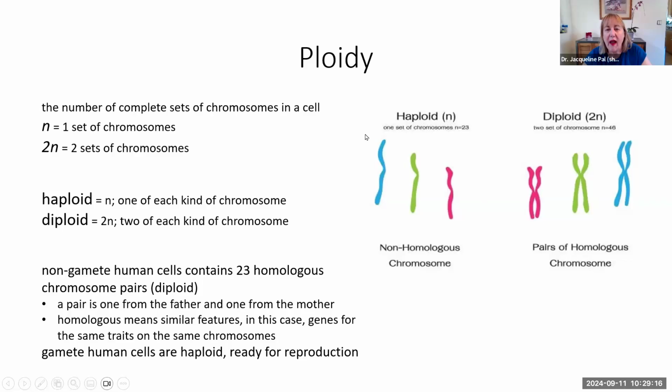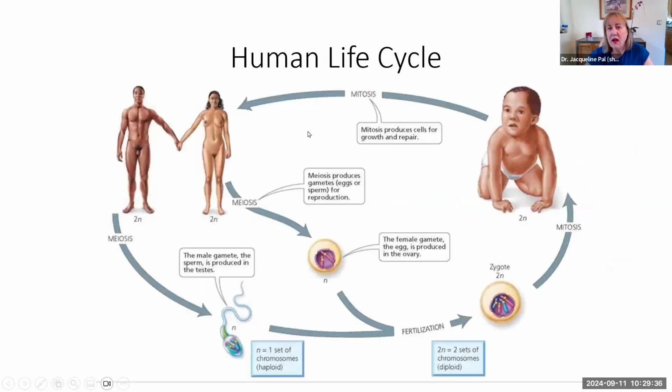Okay. So our haploid or N cells are considered non-homologous because they're not pairs. Where our diploid 2N cells, where we have a copy of each chromosome, these pairs are considered homologous chromosomes. All right.